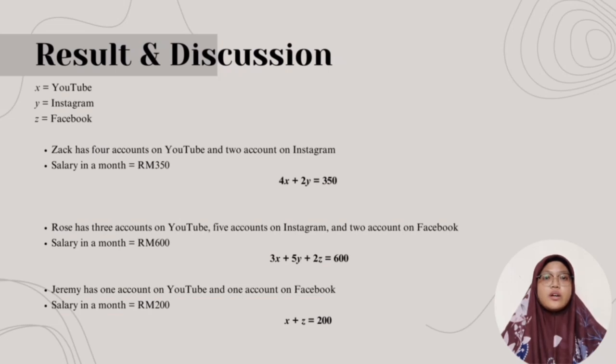While Rose has 3 accounts on YouTube, 5 accounts on Instagram, and 2 accounts on Facebook, and her salary in a month is 600 ringgit. The equation for this is 3x plus 5y plus 2z equals 600. Likewise, Jeremy has 1 account on YouTube and 1 account on Facebook, and his salary a month is 200 ringgit. The equation will be x plus z equals 200.